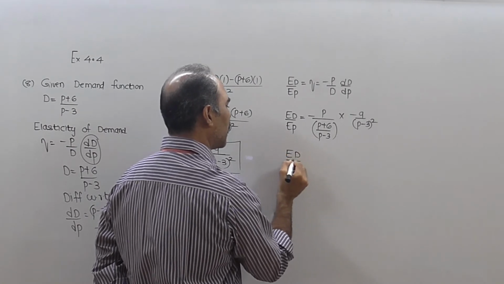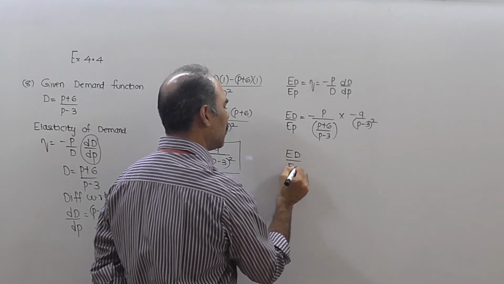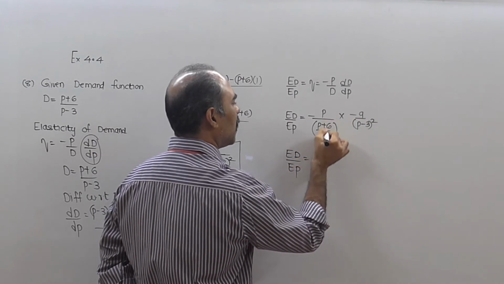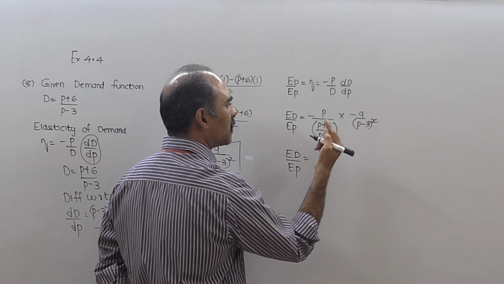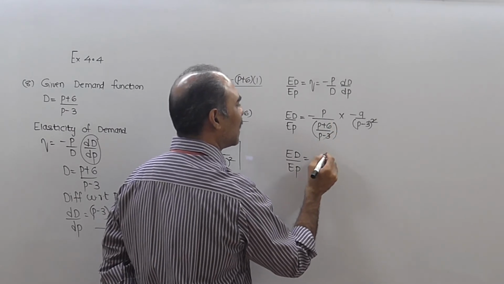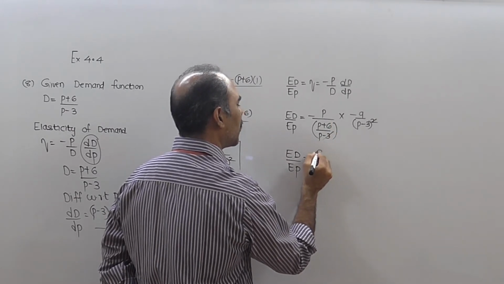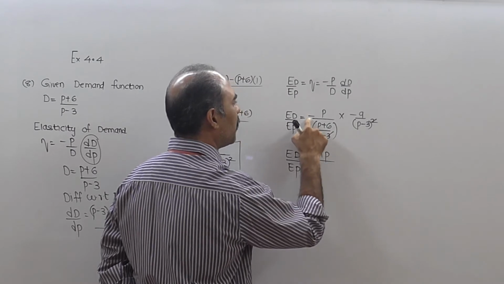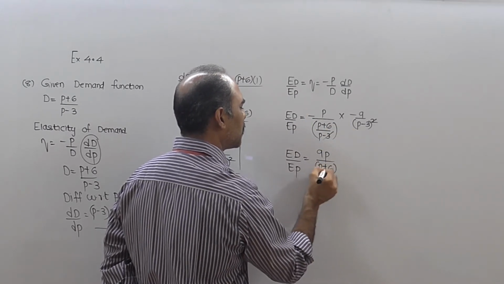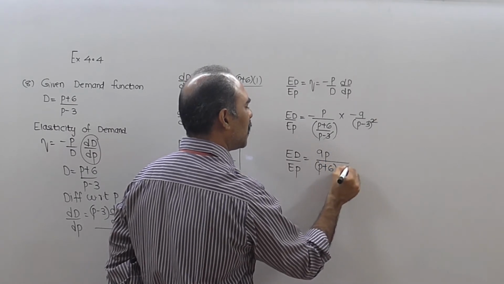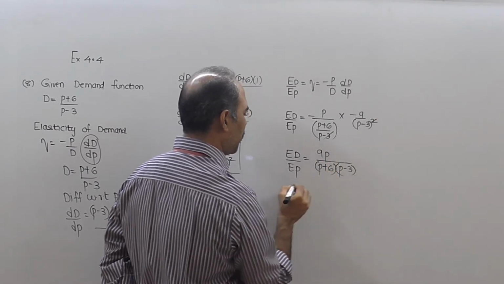So what happens is I get this as ED upon EP. I think we can cancel this. One power of P minus 3 will get cancelled. So I should get this as positive 9P, because minus into minus will give you plus. One P plus 6 will be left, and on the side there will be one P minus 3 left.